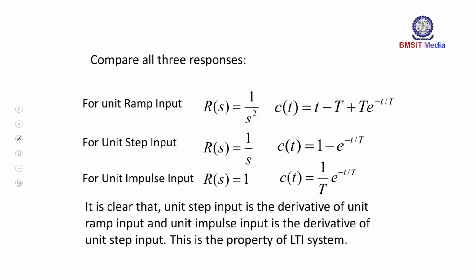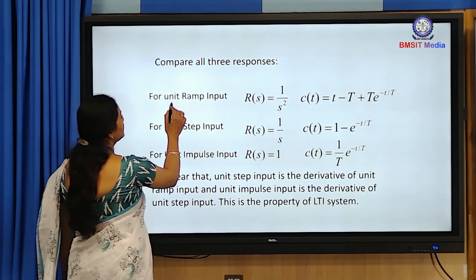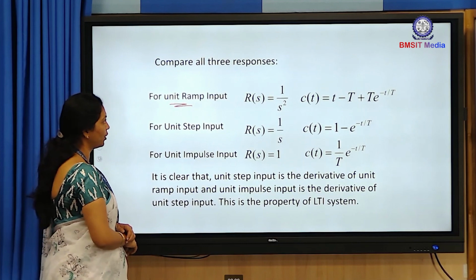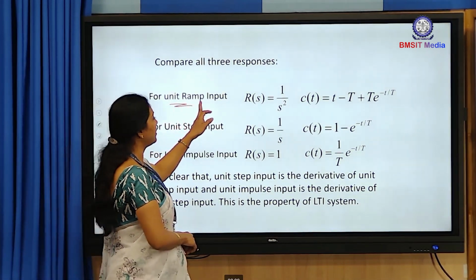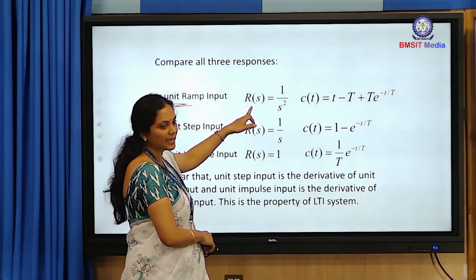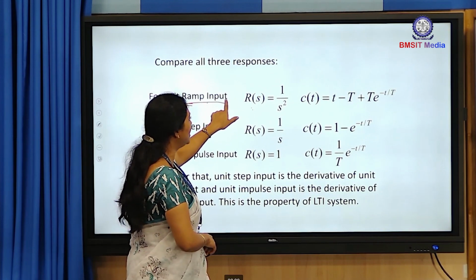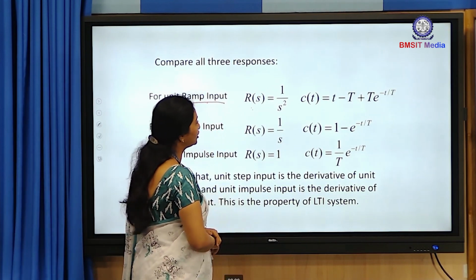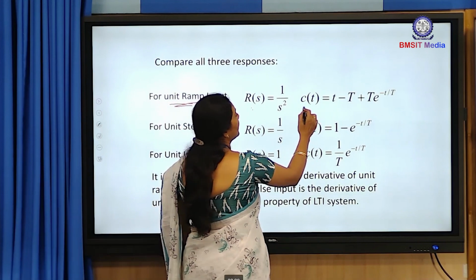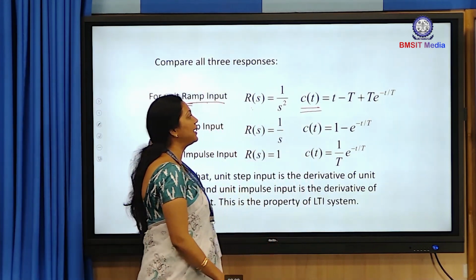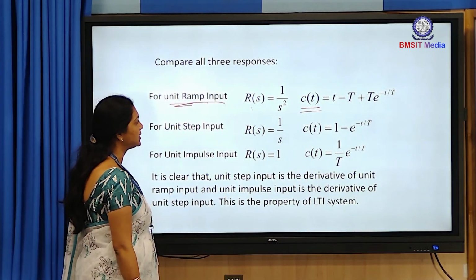Now, let us compare all the three responses. First, let us take the unit ramp input. So, when I took the unit ramp input, what was my r of s that I considered? Since it is a ramp function, 1 by s square was the function that we considered. Therefore, what is the output function I got? T minus t plus t into e to the power of minus t by t.